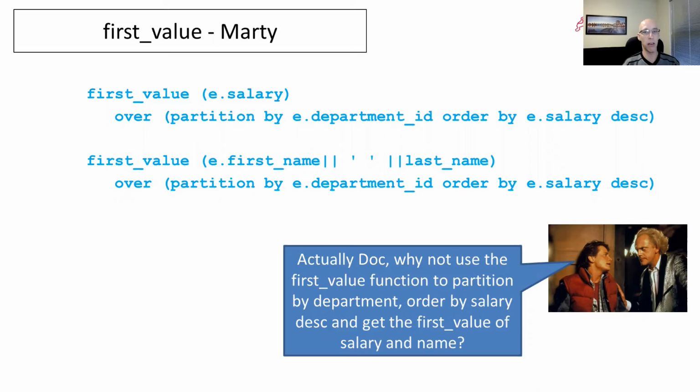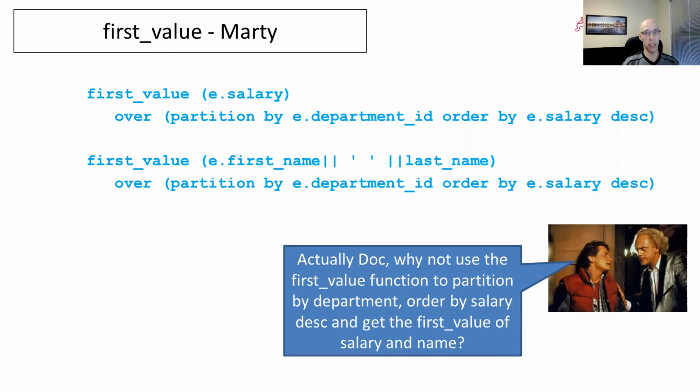So in this case, we'll have the over, which is the analytic function part, partitioned by department ID, because I want the highest earner per department. So partitioned by department ID, order by salary descending. Once we have that, the first row will be the person who earns the most.